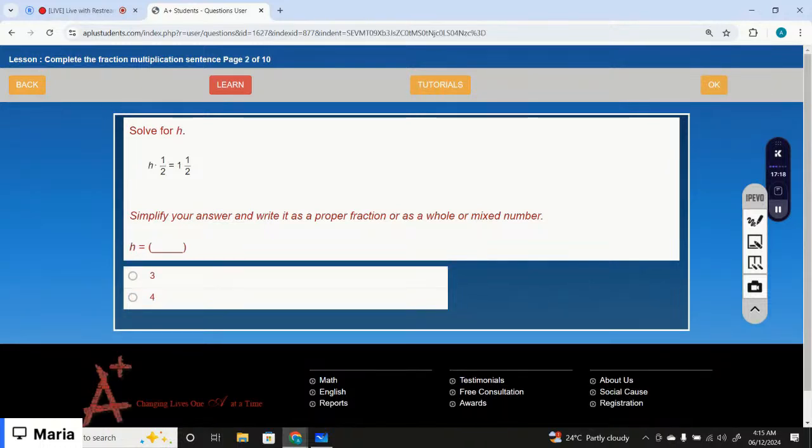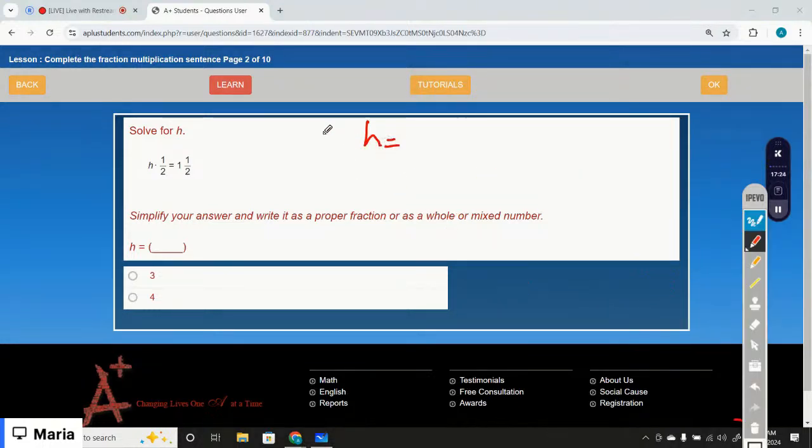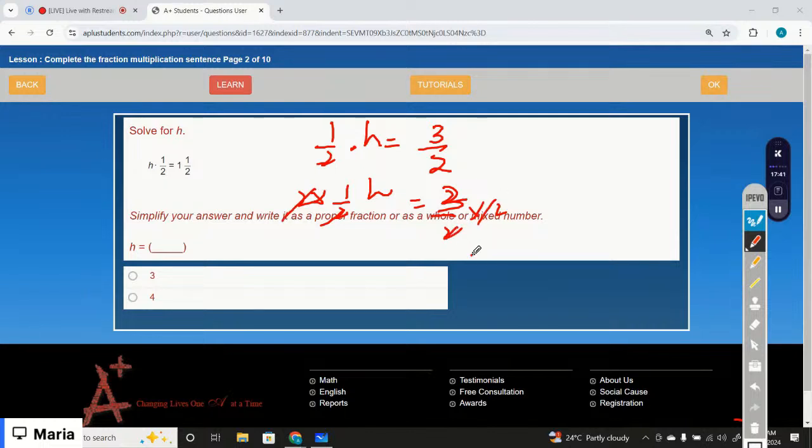h times 1 by 2 equals 1 whole 1 by 2. Let's just solve. That is h times 1 by 2 equals 2 times 1 is 2 and 1 is 3 over 2. So you have to multiply both sides by 2 so that you can remove this 2 from here. Opposite to division is multiplication. You need to multiply both sides by 2. 2 and 2 cancel out. So you are left with h equals 3.